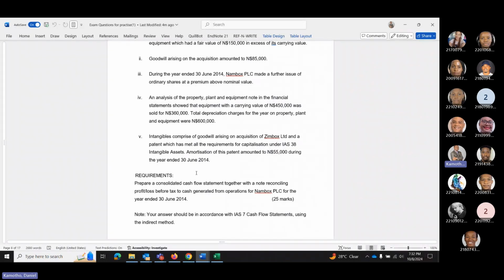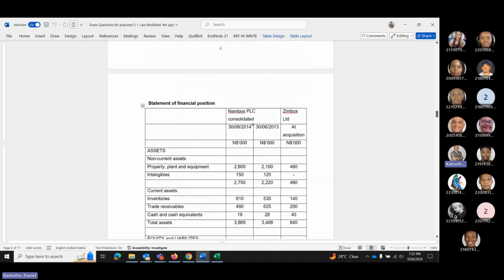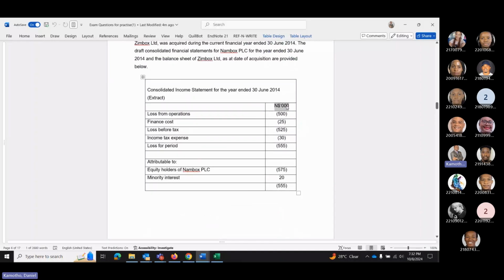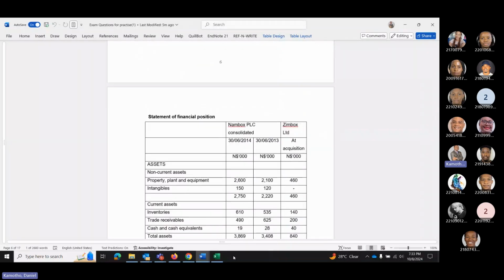You are preparing the statement of consolidated cash flow for Numbox PLC for the year ended 30th June. So you put the title, you put the currencies, you put the amount, and the currencies are normally dictated by the statement. These are Namibian dollars in thousands. You can see the currency is Namibian dollar and the degree of estimation is 1,000, that's why there are three zeros. So that is the first thing you do. You go and make up your frame.